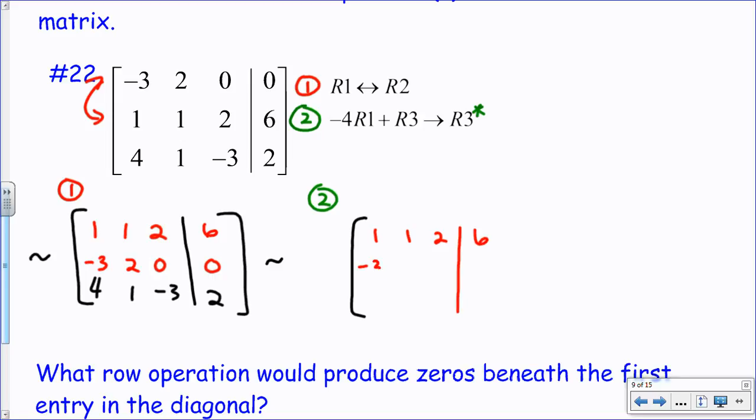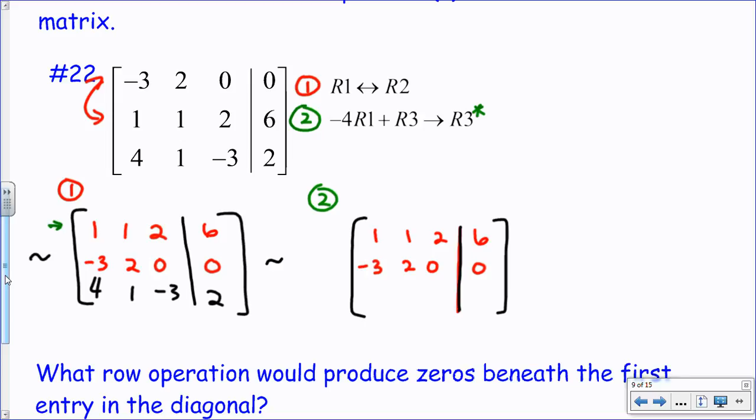I'm just copying those down because what's going to change is row 3. So when I do that change, I'm not going to write it as a separate matrix because then it gets kind of confusing on what stays and what goes. So I just do the work right here on the matrix. So I'm going to do -4 times row 1. So that's right here.